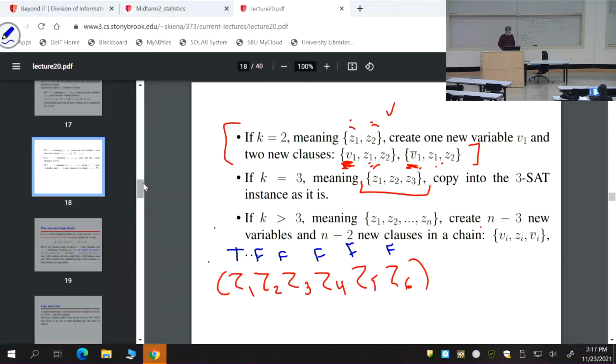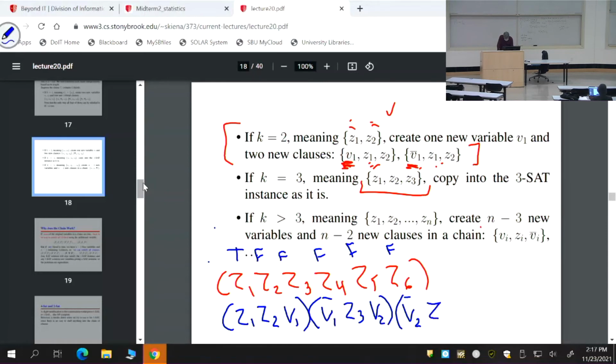But let me show you a way that you can make something that's logically the same as this one. What if I did Z1, Z2, V1, and not V1, Z3, V2? And what if I did not V2, Z4, and V3?